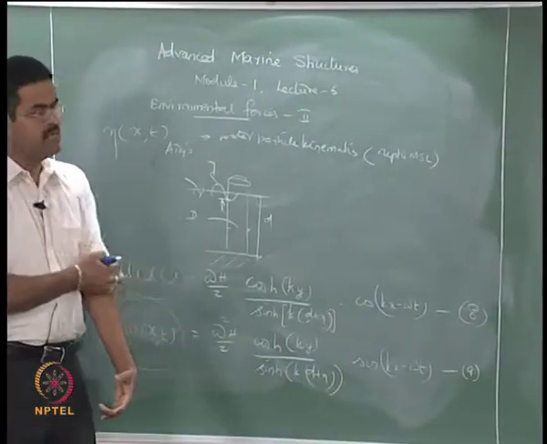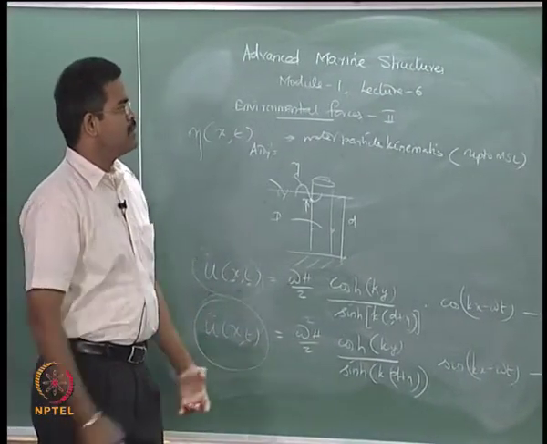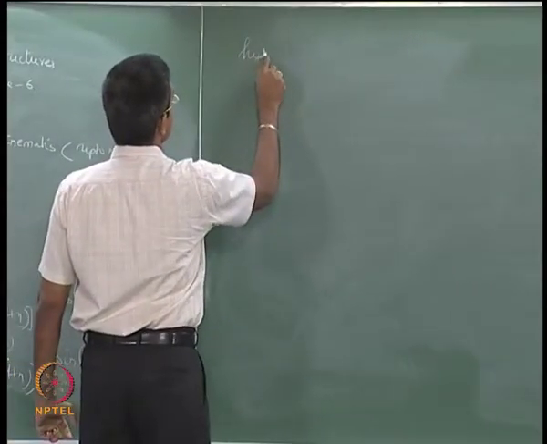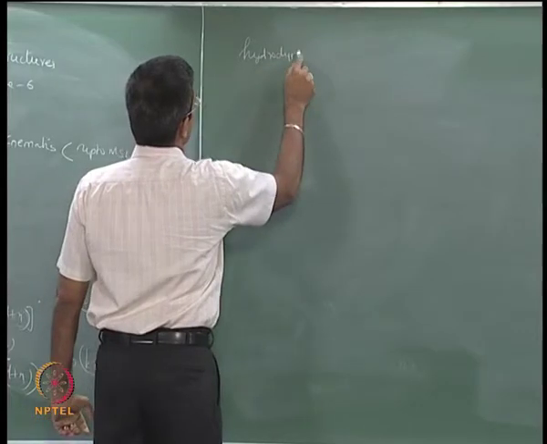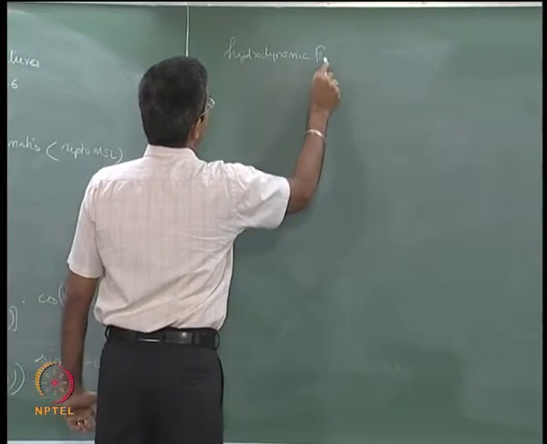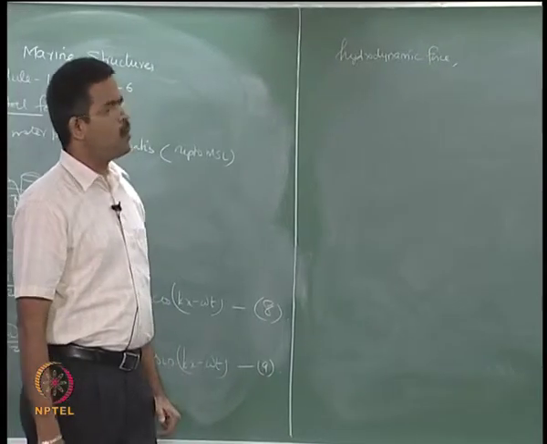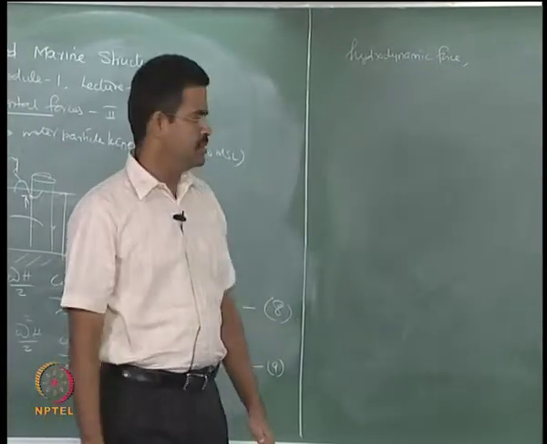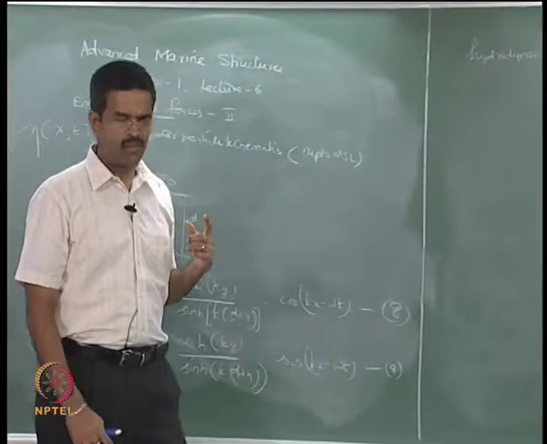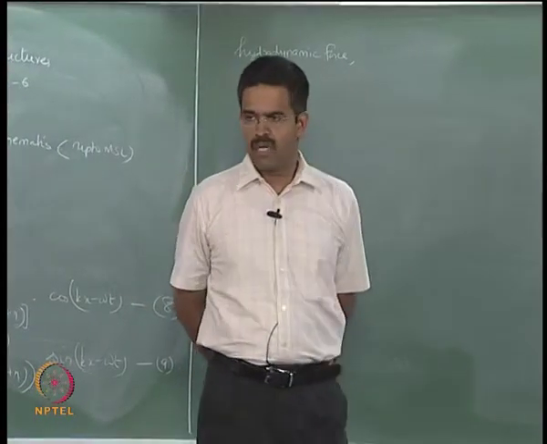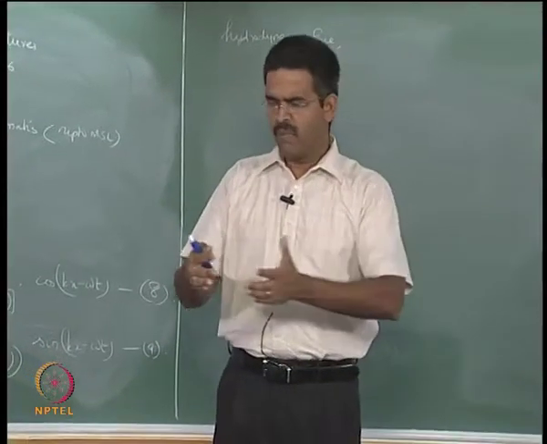Now having said this, if you want to really compute the wave force or the hydrodynamic force on any marine structural member, one has to actually identify the wave profile. We already said in the beginning that waves are nothing but a summation of n number of regular waves.